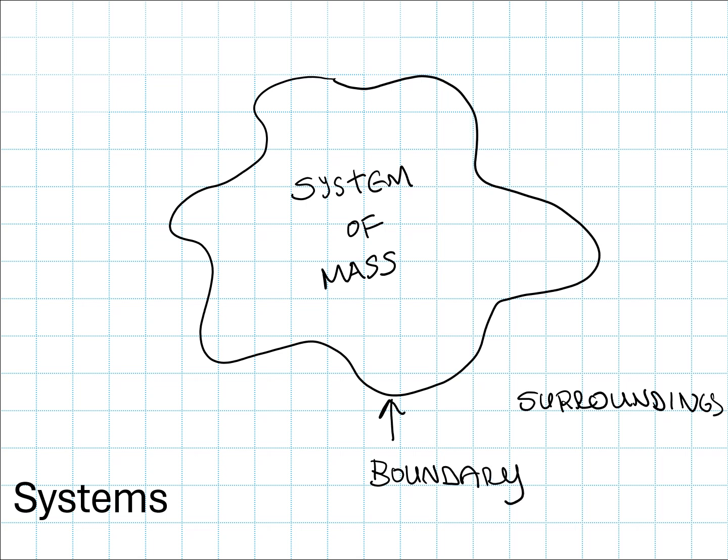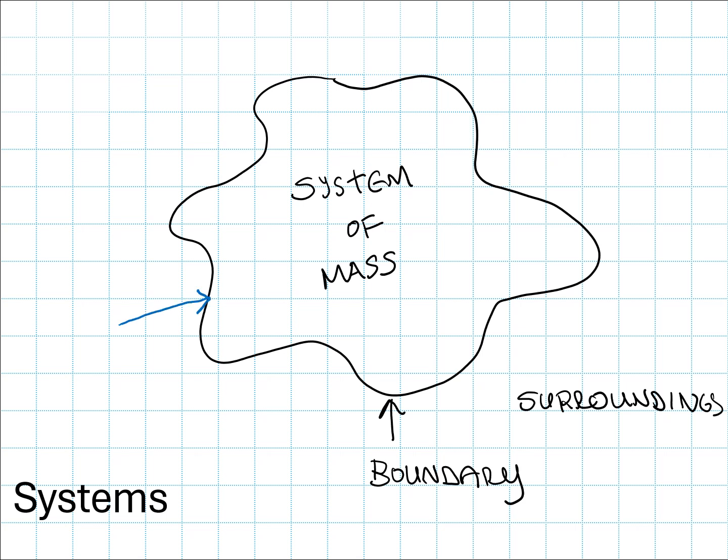The properties of this boundary are flexible. It can be a physical or an imaginary boundary. It can be fixed in space, or it can be able to move or deform, or move and deform at the same time. If the amount of mass that is in my system is fixed and no mass can cross the boundary, then my system is said to be a closed system.